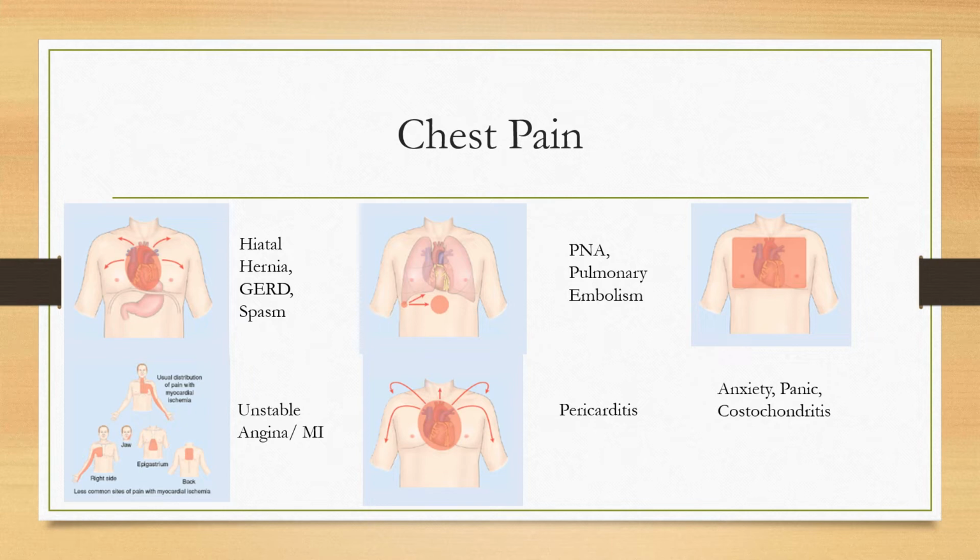Bottom left, well, those are occluded or blocked coronary arteries causing anginal symptoms. Okay, and we obviously really want to catch this one when someone comes in with chest pain. So varying degrees of coronary artery occlusion will lead to either stable angina, unstable angina, an NSTEMI, or a STEMI.